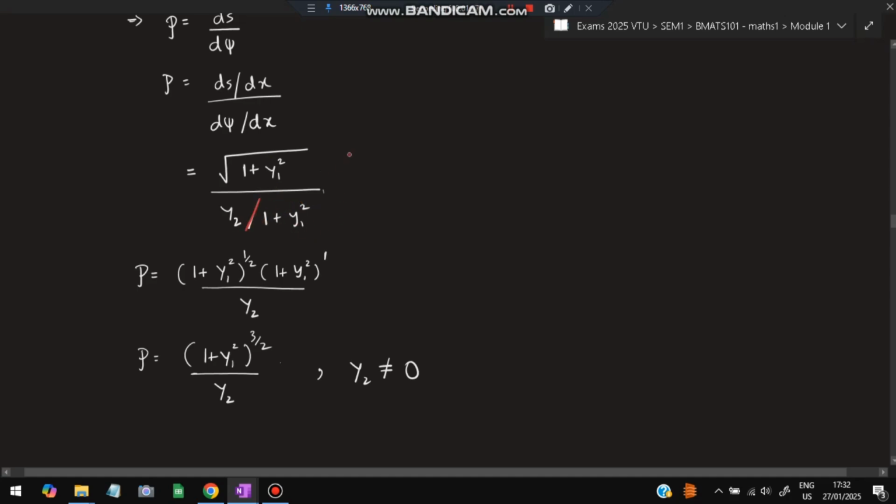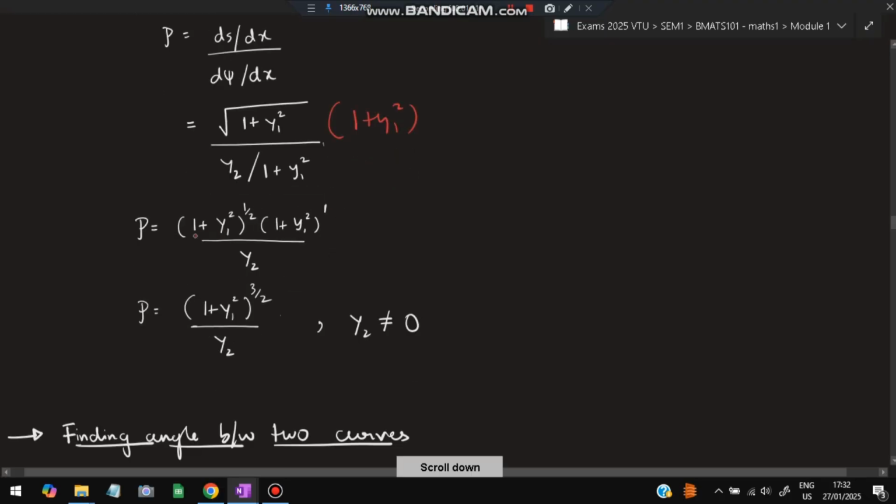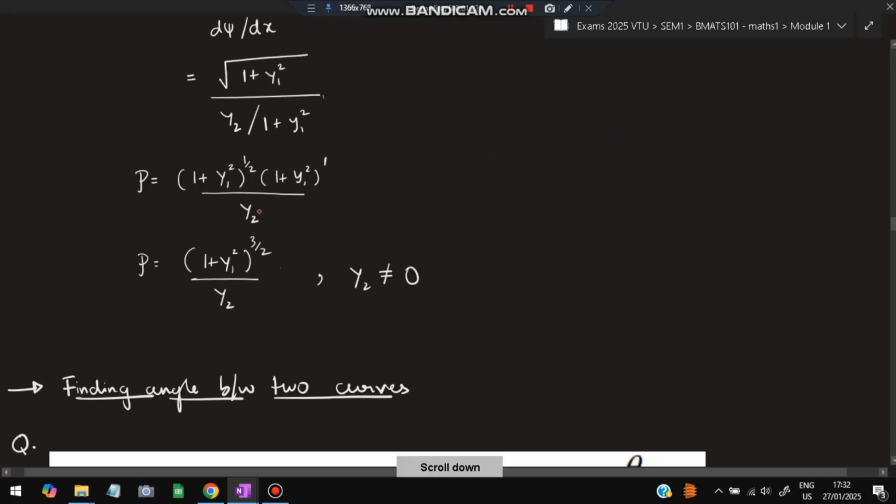When we switch it to the top, it will come like this, 1 plus y1 square. This is a root and this will be here, right? This is how the fraction works. See, a by b by c becomes ac by b, right? These both are equivalent. So we will be getting this one, and we can add up 1 by 2 and 1, because these two bases are the same.